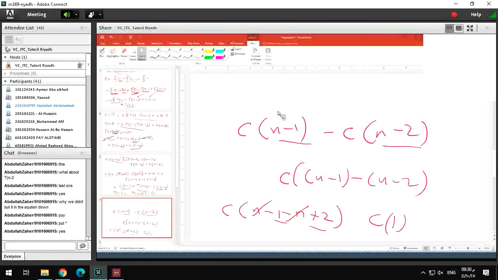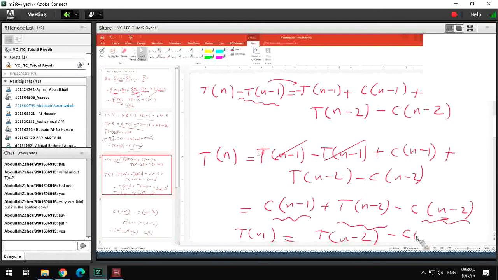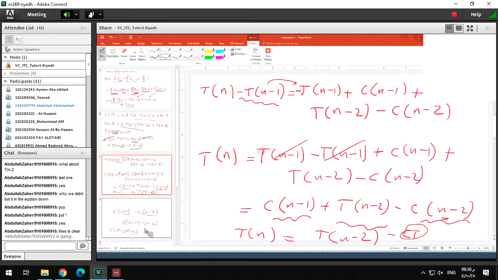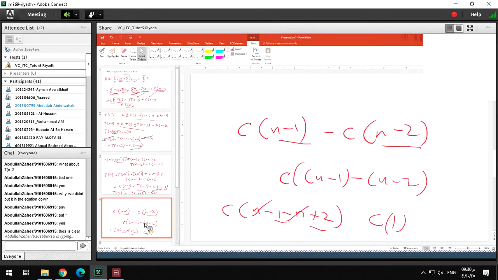No, Abdullah, this slide, I just want to show you how C1 is found in the last element. How do we find this C1? I explained this here in this slide. That's it.